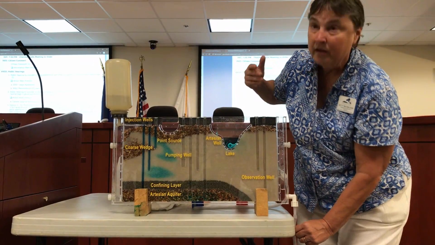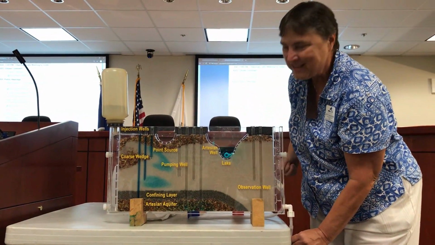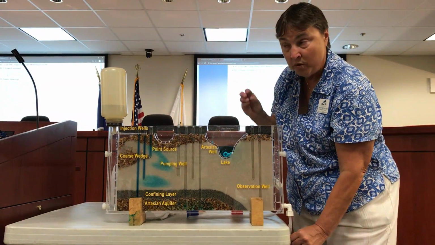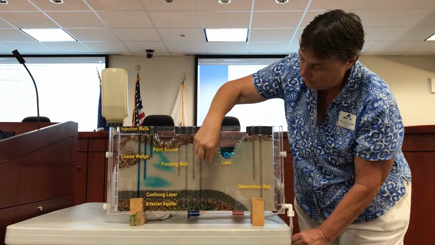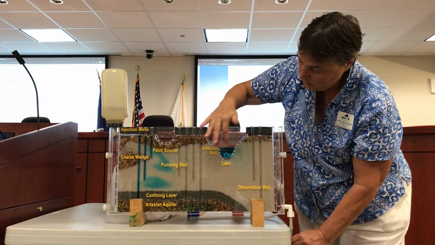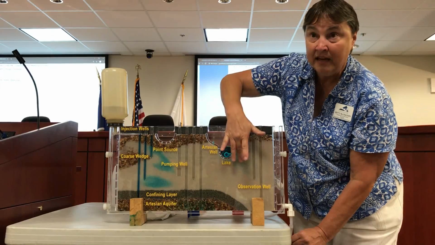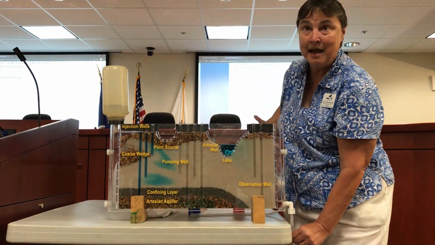And so if you voted for the gravel size rocks, you were right. And that's because the pore sizes between the rocks are larger than the pore sizes between the tiny sand. And you can see here, the water from the lake is beginning to feed the groundwater here. So there are all kinds of dynamics with the model.